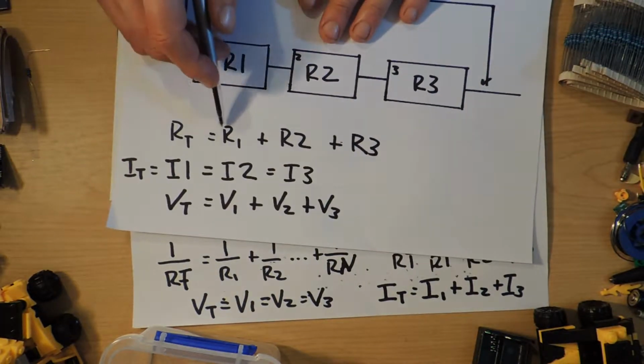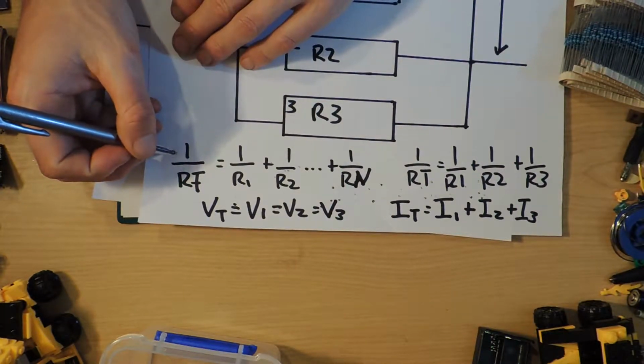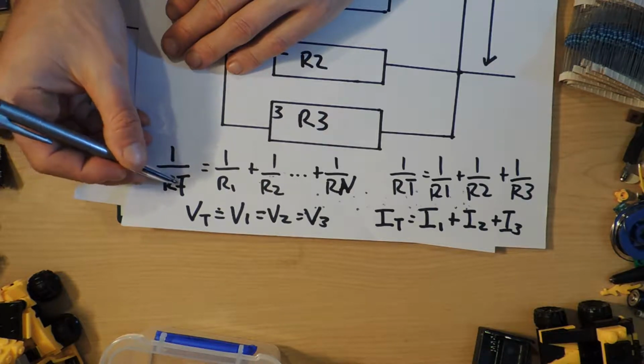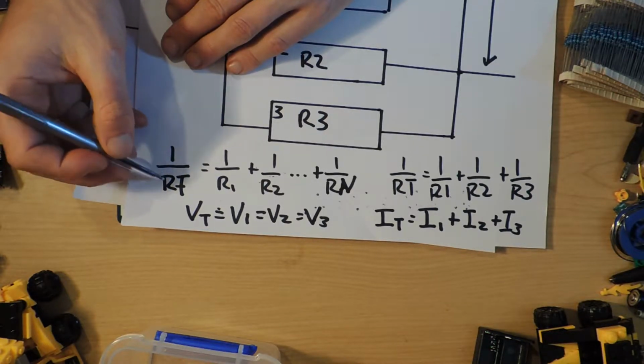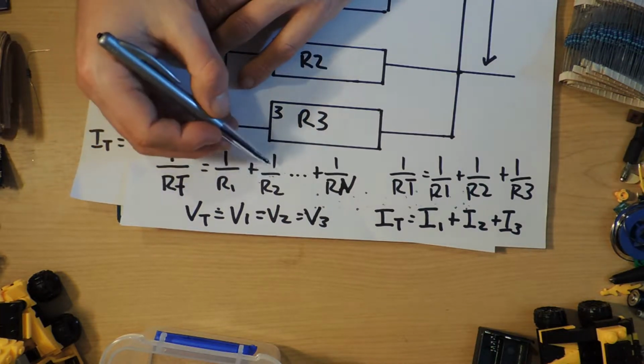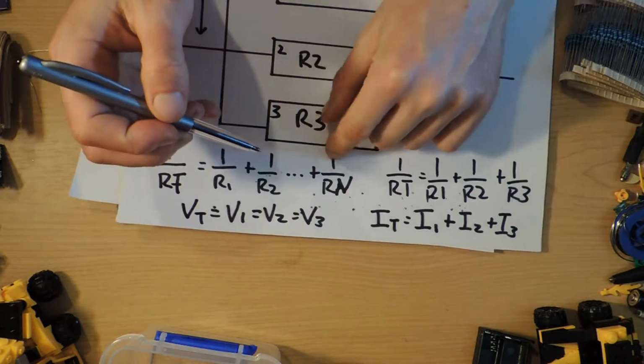The series is you just add up the resistances, which seems nice. But here you have this very odd way of calculating things: 1 over the total resistance is equal to 1 over R1 plus 1 over R2 plus and so on to 1 over Rn, or 1 over R3 in this case.